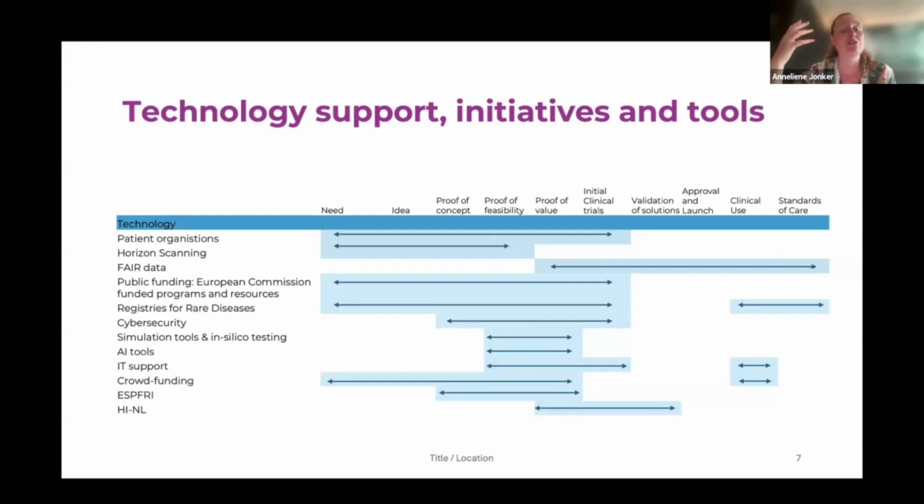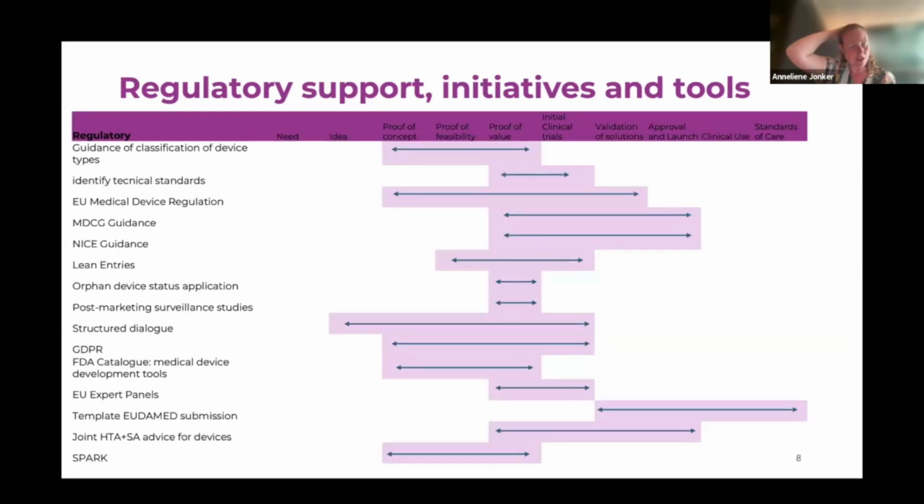We see the importance of the role of registries in early development, but also in the later phases of development to implement new devices. And we see the different infrastructures that are out there, whether digital, physical, or AI infrastructures, that can be used throughout the development, and the information that is out there.